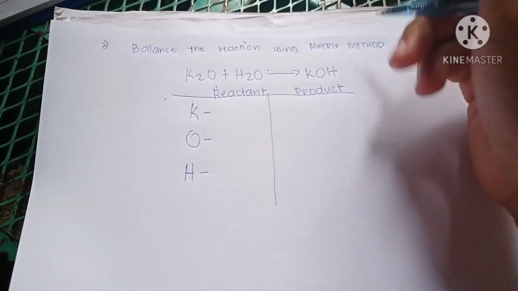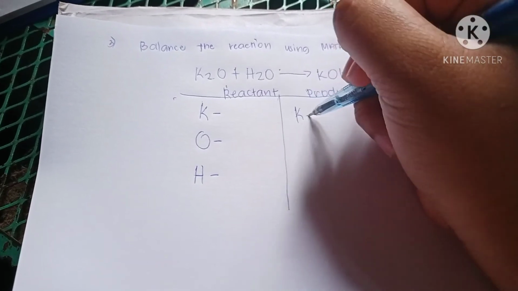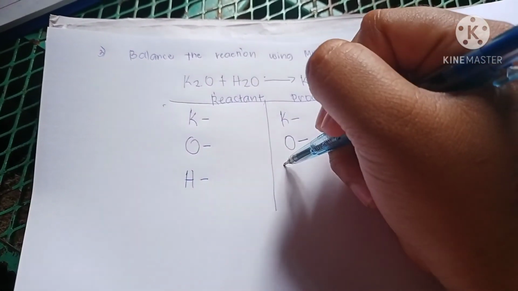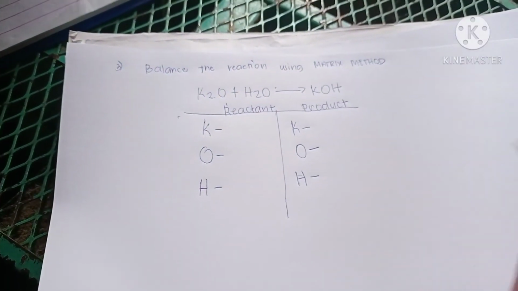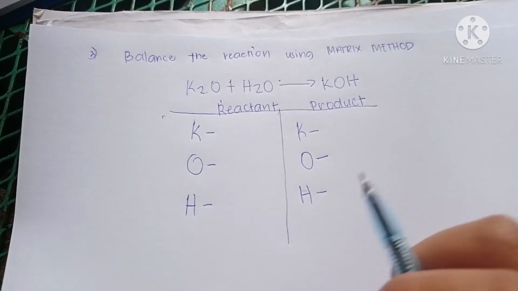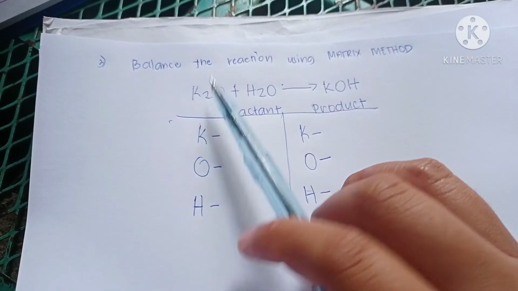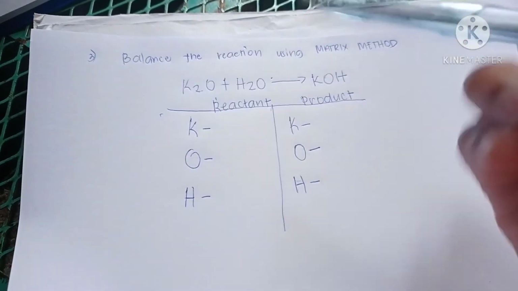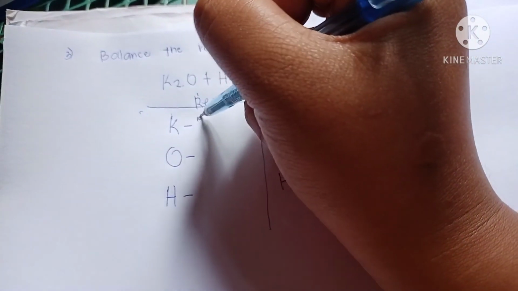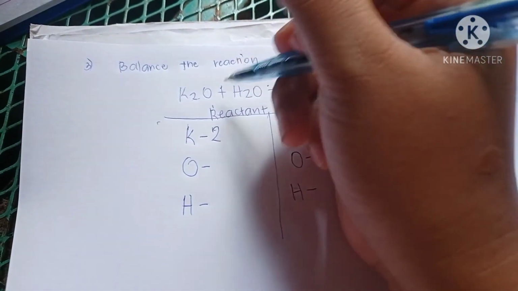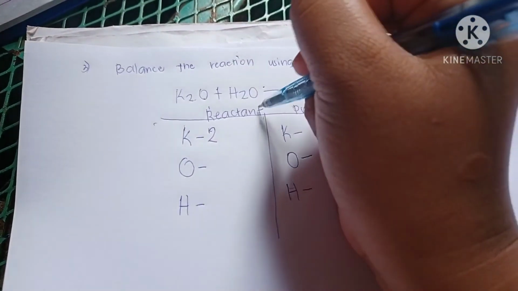On the product side, we also have K for potassium, O for oxygen, and H for hydrogen. So next is we need to determine their atoms. So the atoms for our potassium is 2. For our oxygen, we do have also 2, which is here 1 and 1.